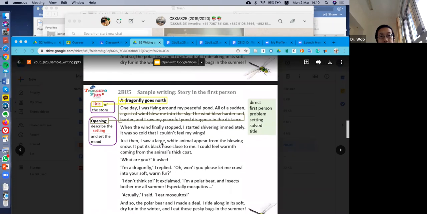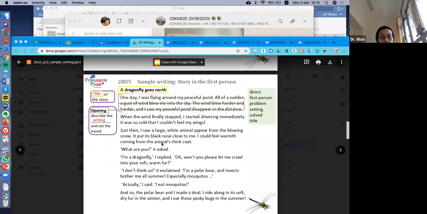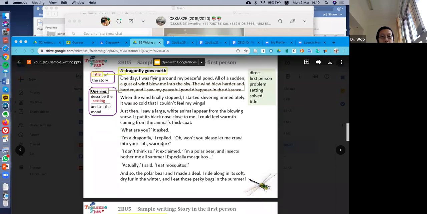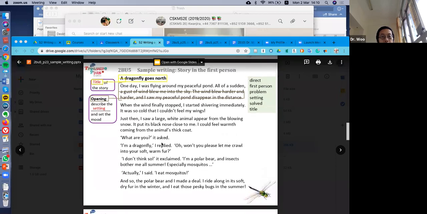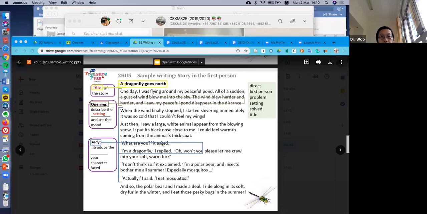See the setting in the first paragraph. What is the animal doing? Where is the animal? Then you can start to see the introduction of the problem.